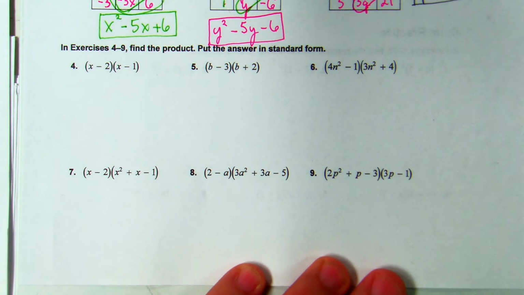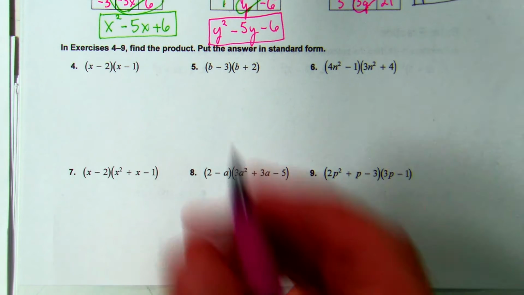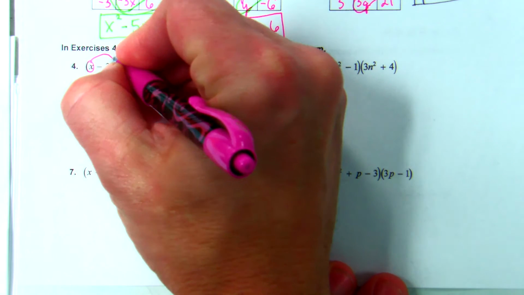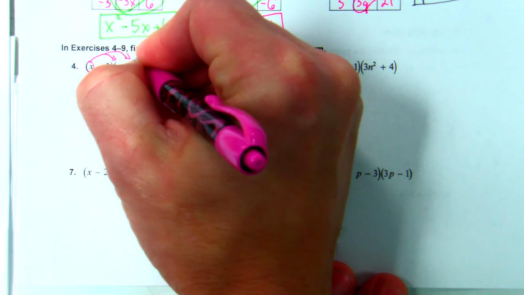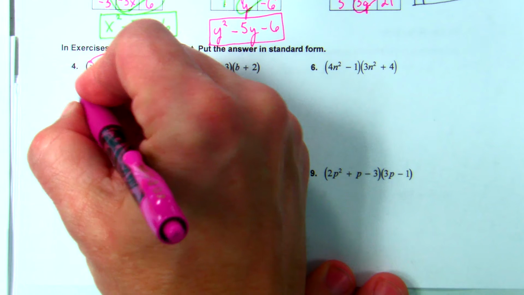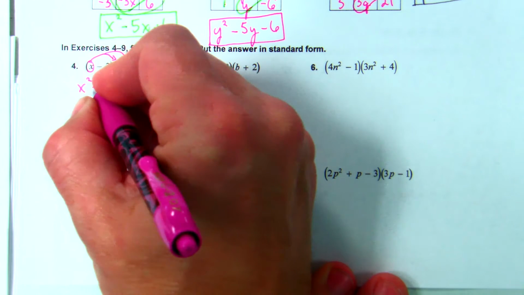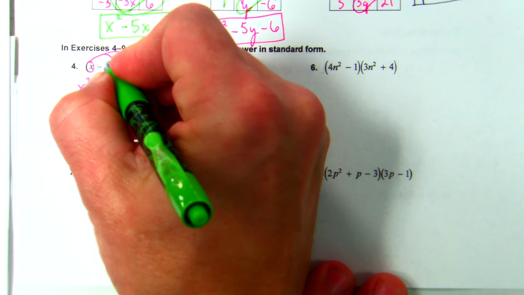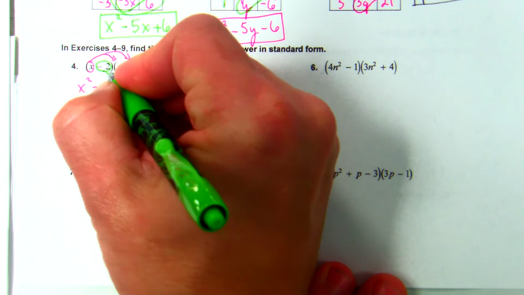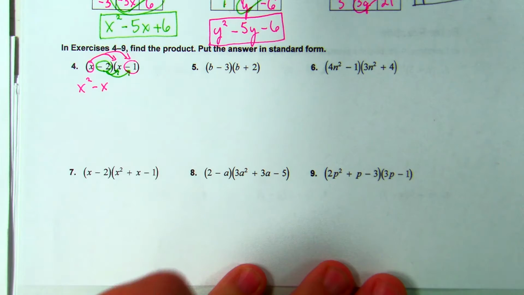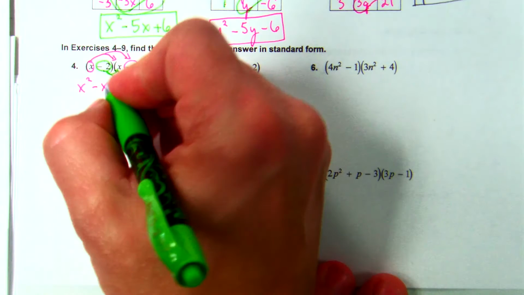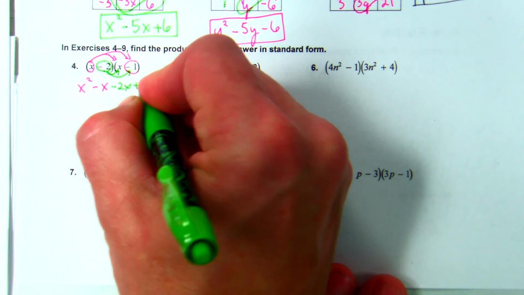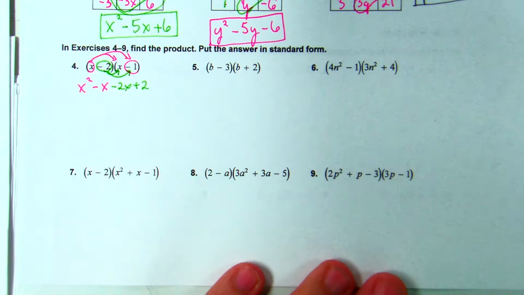Okay, so on this first one, on number 4, let's distribute, just taking the x times the x and the x times the negative 1. And we're going to get x squared and negative x. And then if I do the second part where I take this negative 2 and I distribute it into the other expression or binomial, then I'm going to end up with a negative 2x and a positive 2 when I multiply negative 2 times negative 1.